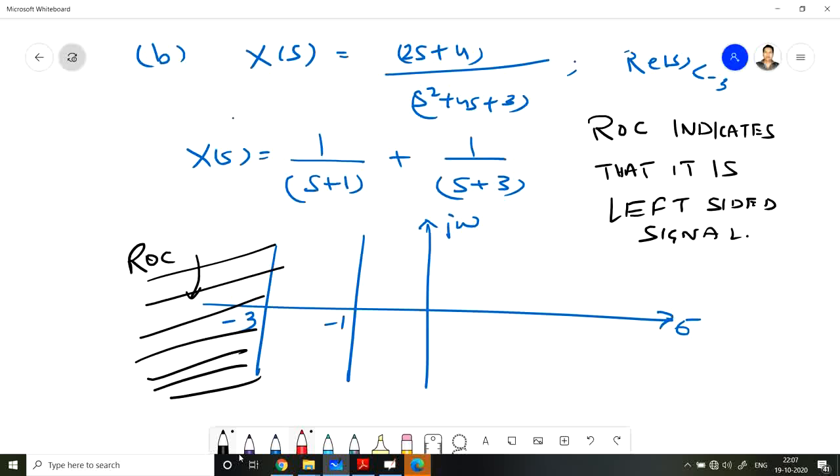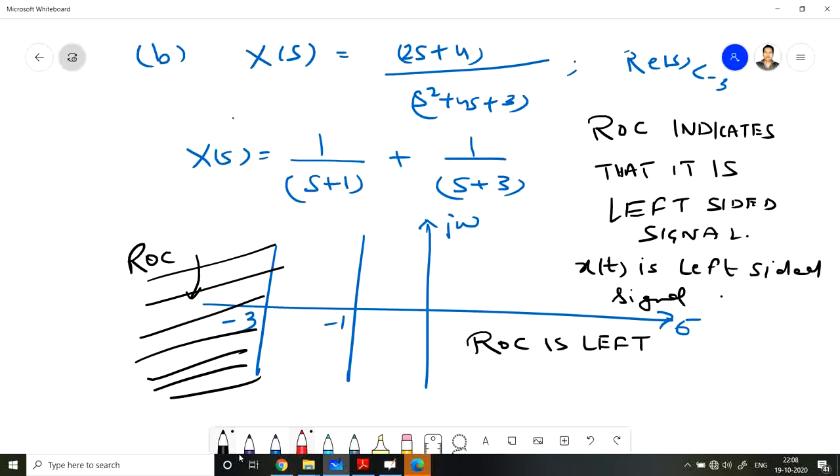So we can easily say that x(t) is a left-sided signal. So we can easily say that the ROC is to the left of the leftmost pole, that is s equals minus 3.